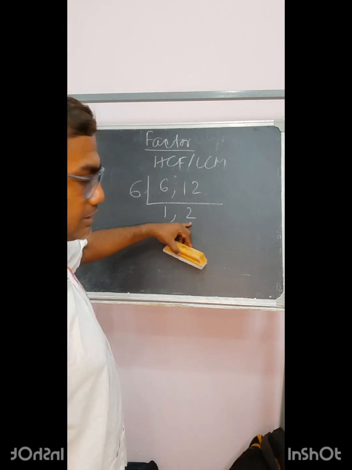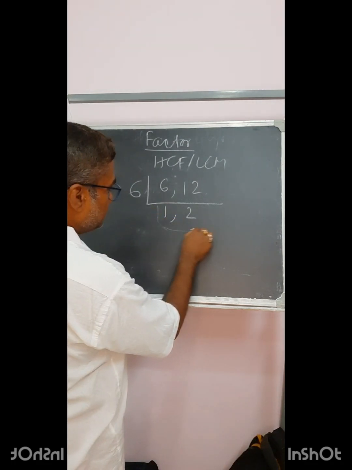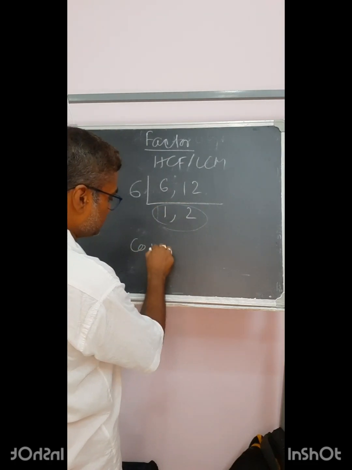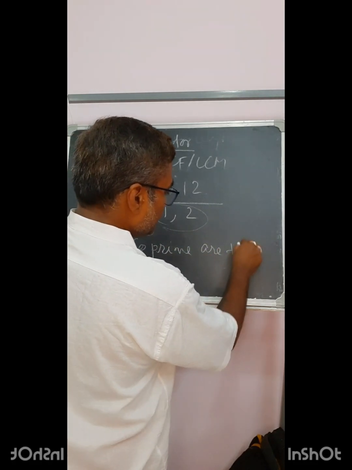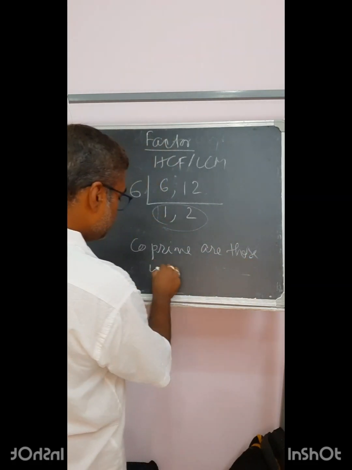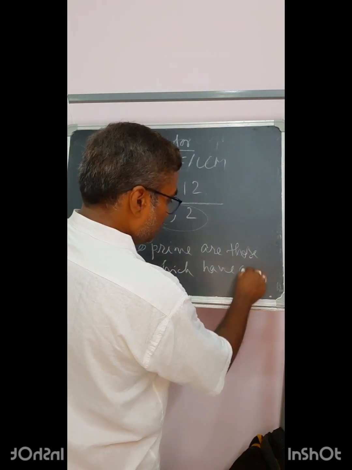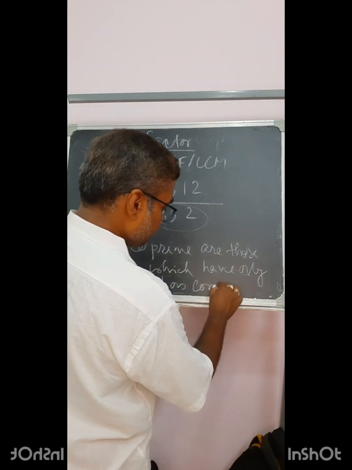Now this number doesn't have any common factor. Why am I saying till I get the co-factor here? Co-prime are those which have only one as a common factor.